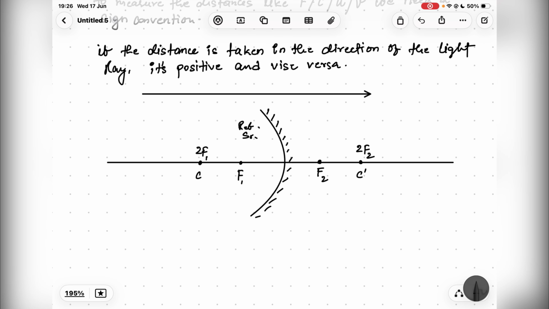In that case, every distance which is taken on this side will be positive, and every distance which is taken on this side will be negative. Or the second method is, you can consider this principal axis as the x-axis, okay, and the pole as origin.